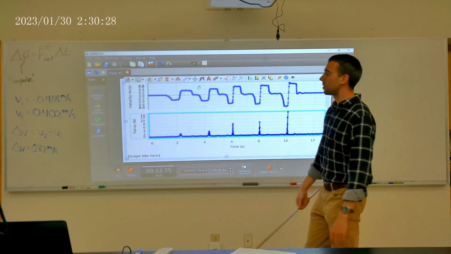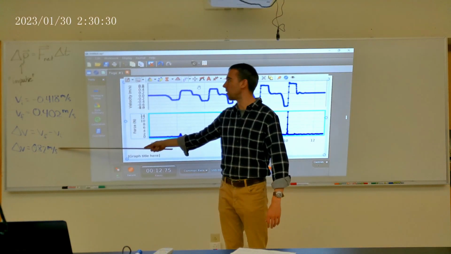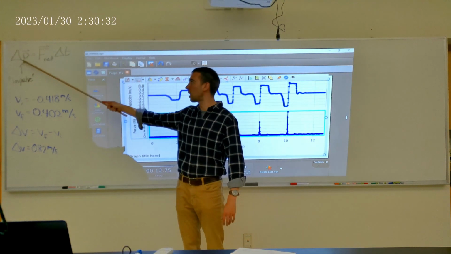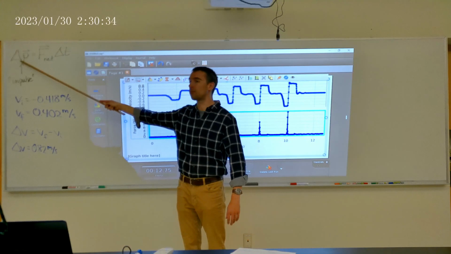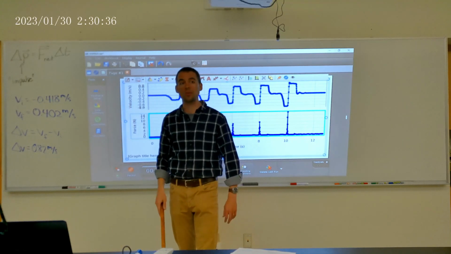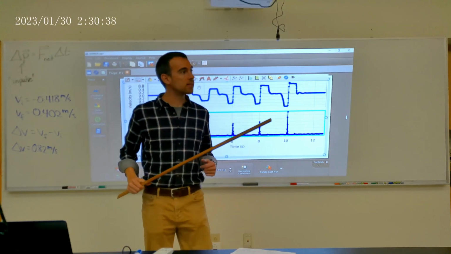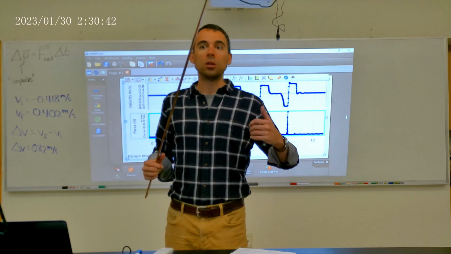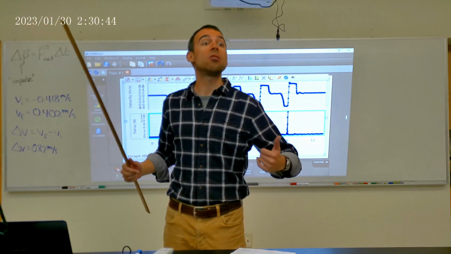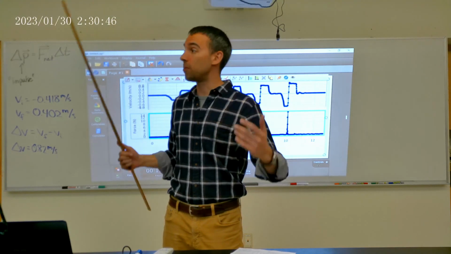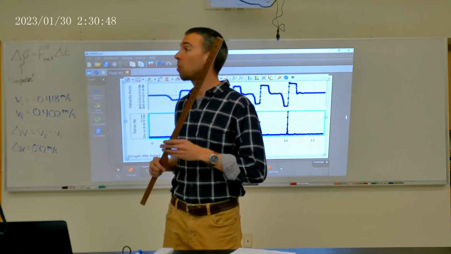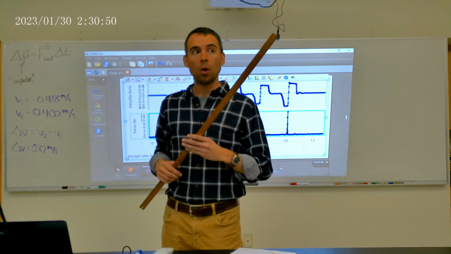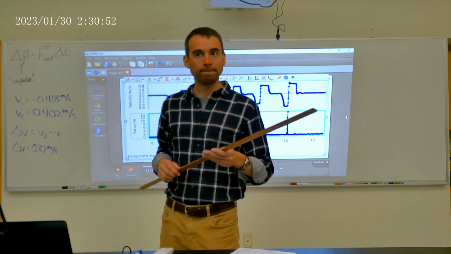So you'll be able to calculate 5 different delta V values. You will be able to use the area under the curve to determine 5 different delta P values to go along with that. And then we'll plot it in Excel and follow the same steps that we always follow to determine if we need to linearize it, and get out the slope and specific math model, and we'll see where we end up. Any questions so far?